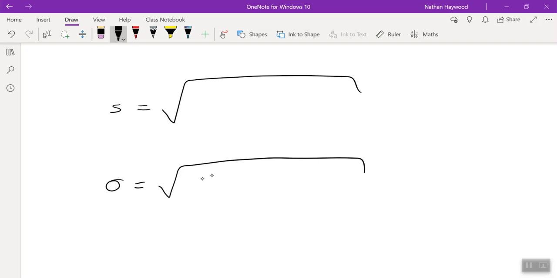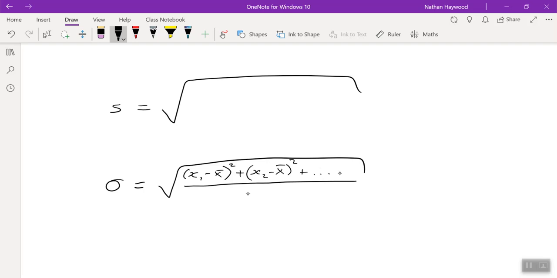So lowercase sigma is equal to, you have every x value minusing x bar. Does anyone remember? Average. The average or the mean. And you square that. So you're taking every possible outcome, minusing the mean, squaring those.